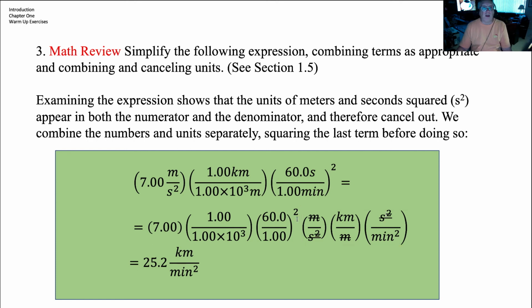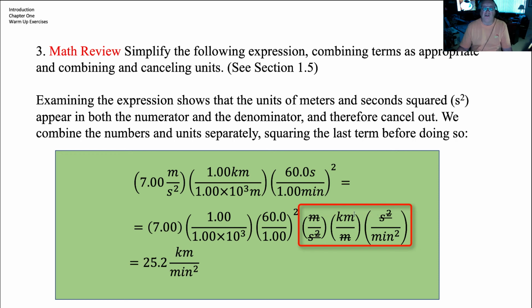So when we're done, you can take this value, 7 times 1 times 60 squared, divided by 1 times 10 to the third, and we end up with a hard constant value, 25.2, and then our units, kilometers per minute squared.